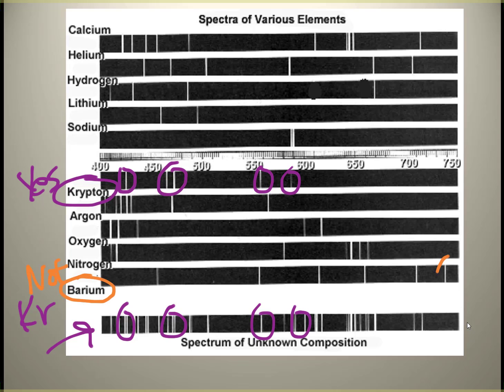And that's because this one band is missing. I don't see anything there. So I know that barium is not there. And you might have come up with a different answer because there's lots of answers for this. But the ones that are there will have every single one of their lines in that mixture. And if just one line is missing, then it would not be in that mixture.